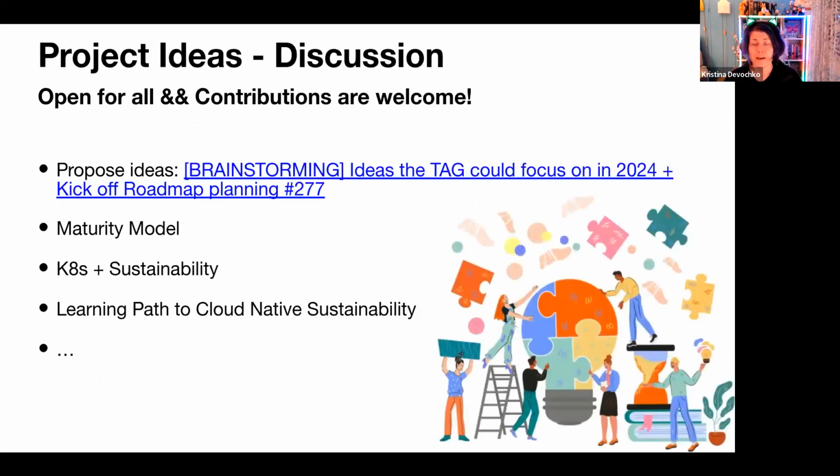Other than that, we have a lot of ideas that pop up during the project meetings and the discussions on Slack, and we thought it would be a good idea to have one place where we can gather all those ideas and see which have the most interest and drive from the community, so that we could see if there are any additional projects and activities to focus on already in 2024.